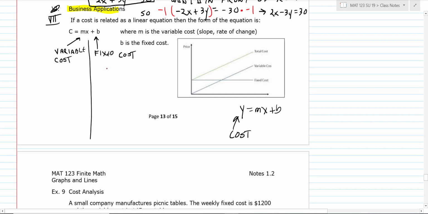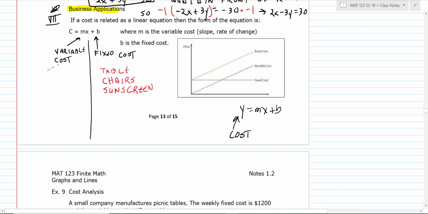Well, fixed costs would be something you pay for one time, and they don't depend on how many things you're making. So it wouldn't depend on how many cups of lemonade you're selling. So maybe you need a table to sit at, maybe you need chairs, things like that, right? Maybe you need sunscreen. Just things that are kind of fixed to help you run your business.